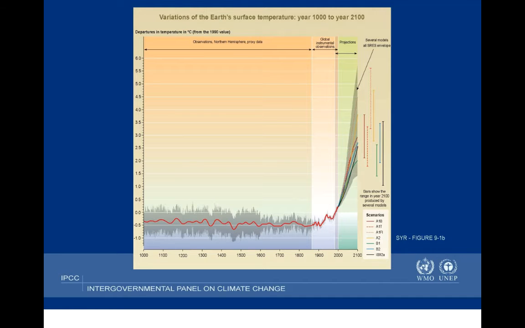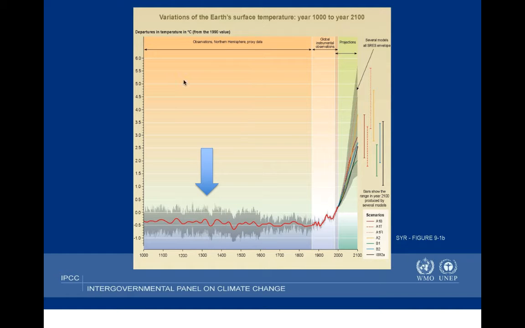So I want to go back to the first figure, and one of the reasons I like this figure is what is shown back here is based upon observations. I can introduce the concept of observational error or observational uncertainty.